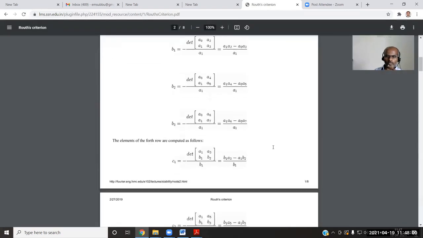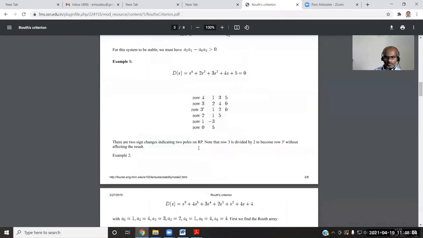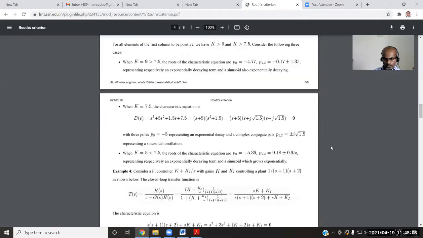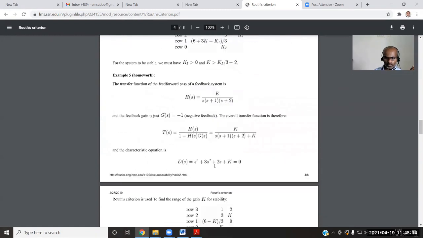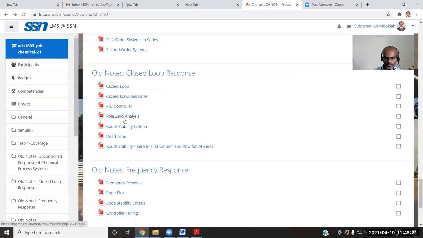This thing you can go through. And in the example, in a case where all the rows are turning to 0, you also have to take a derivative. So then you have to take a derivative of that previous row, and using that you have to construct a Routh array. Example: Routh stability for some peculiar cases.